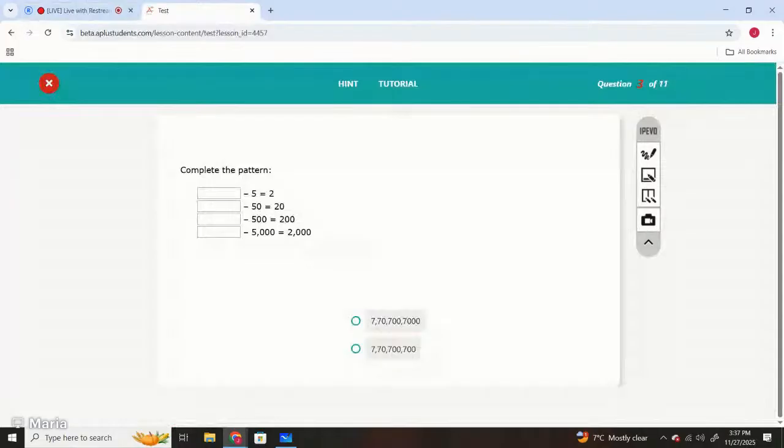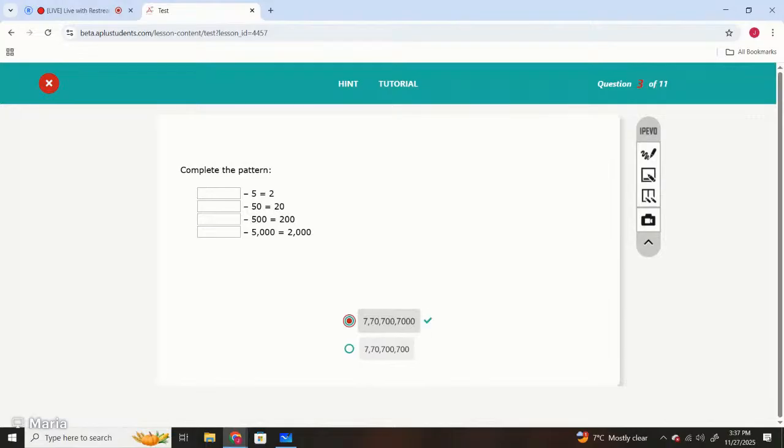So complete the pattern. Which is the correct option? That is 770, 700 and 7000.